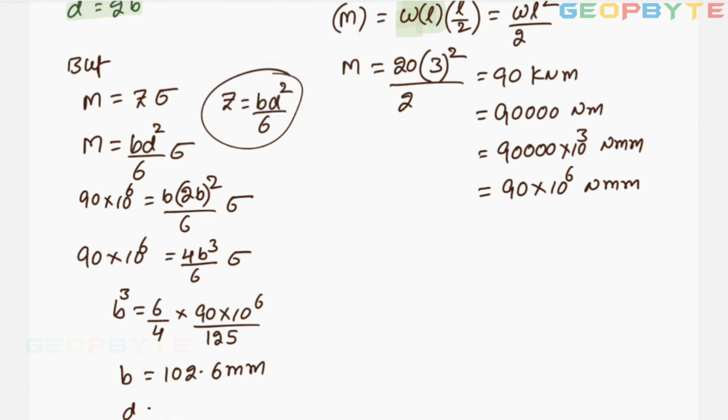Depth equal to 2 times the breadth, 2 times 102.6. Simplify this value for getting around 205.2 mm. That is how you can decide the width of the beam and depth of the beam.